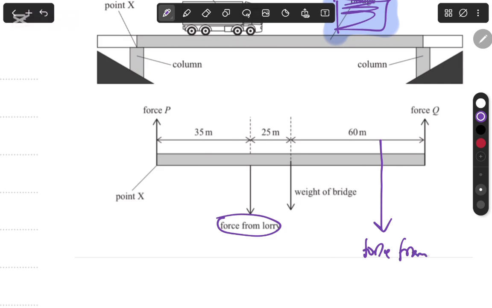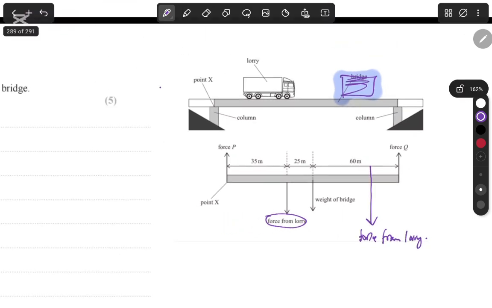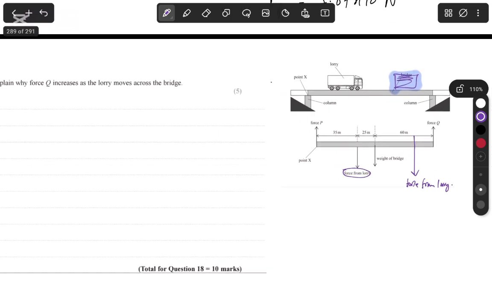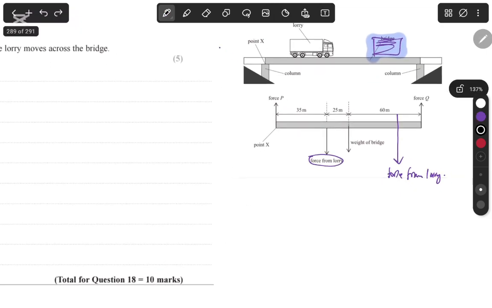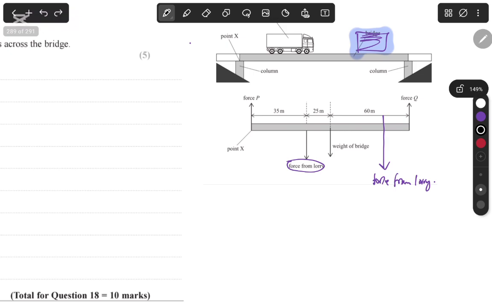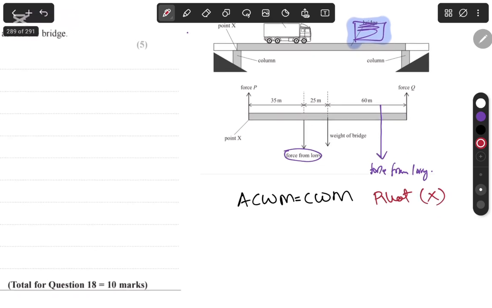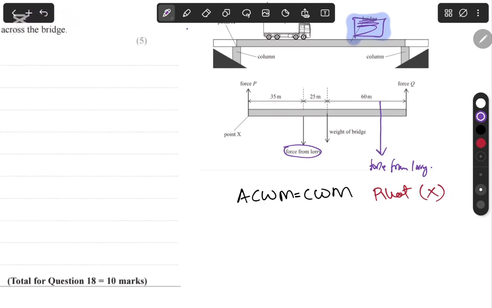Force from lorry. Now, we want to explain why the force Q increases. Why does this force Q increase if the distance of the lorry increases? Basically, that's the question. So we can use the principle that we used before, which is that the anti-clockwise moments are equal to the clockwise moments. We will take the pivot as point X. And we have three moments here.